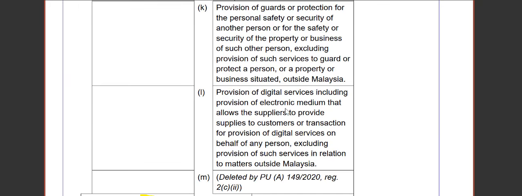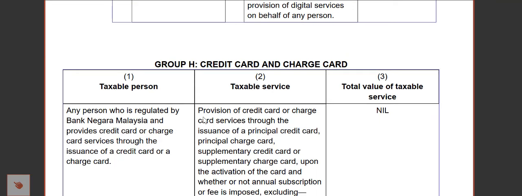You can see they say provision of digital services, including electronic medium that allows supplier to provide supplies to customers or transactions for provision of digital service. Now these are all example of considered as online platform. Like if you are gaotim.com, that you allow people to come to your place and host the service, this is what it means. Okay, next one is group H, which is credit card.